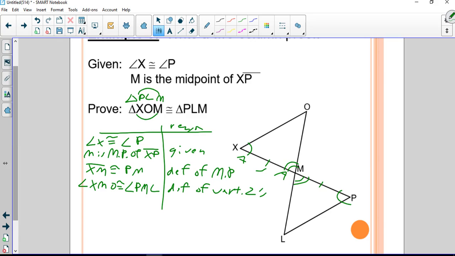Now we have all of our information to say that triangle XOM is congruent to triangle PLM by ASA. You can hit pause if you need to.